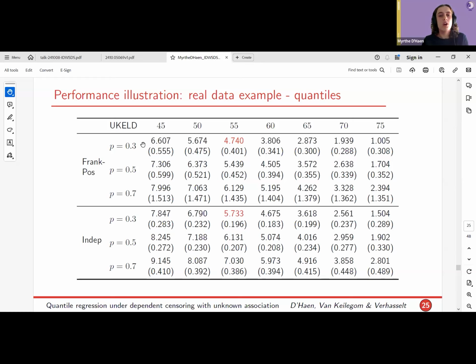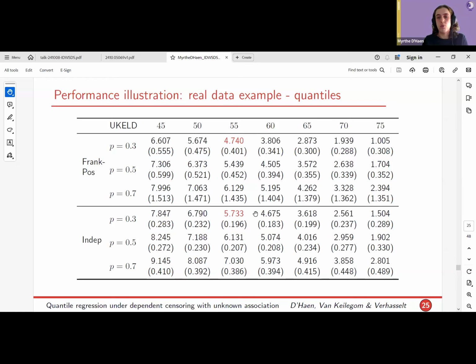On the 30% quantile, the estimated log number of living days left is about 4.7, whereas in the independent model, it is 5.7.